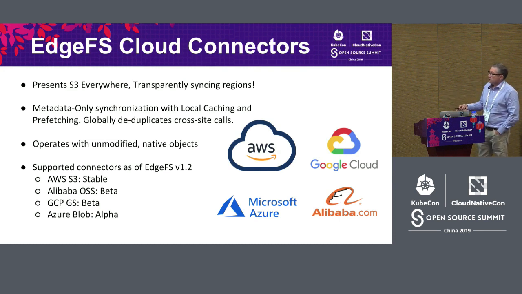We currently support AWS Cloud, Google Cloud, Microsoft Azure, and Alibaba has also recently been added. Most importantly, it operates with unmodified native objects. What it means is that an S3 object in AWS can be seen as an OSS object in Alibaba and vice versa. And you can set up synchronization with just metadata, so you don't need to actually move the data.